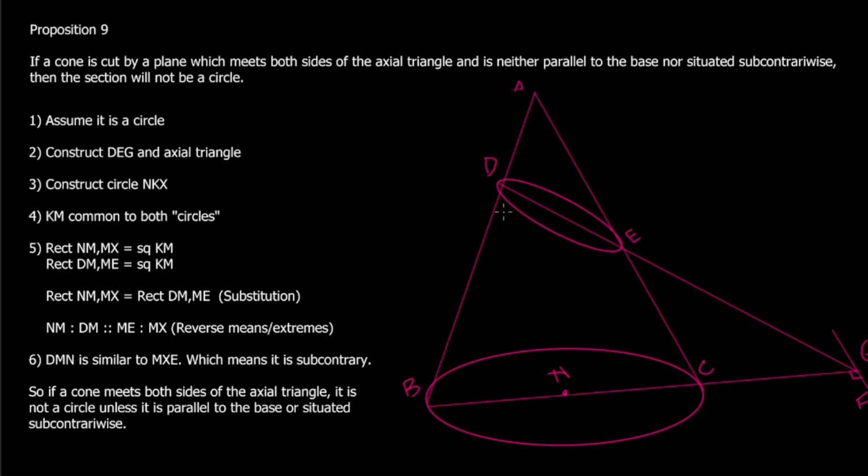Okay, so now we have our supposed circle, we have the line DG, and now we're going to pick some random point K, and we are going to draw a line KL through the section.